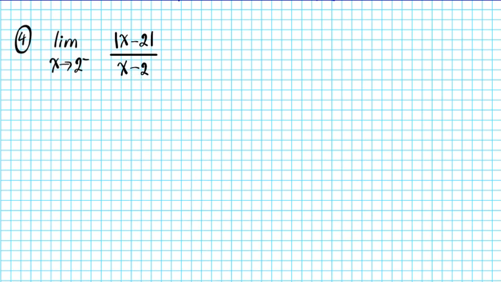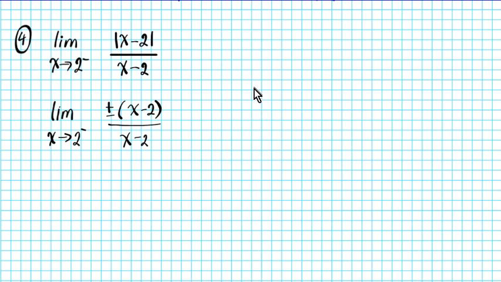So when you find the limits of absolute value functions, what you have to do is replace the absolute value bracket with the expanded form. So this will be the limit as x approaches 2 from the left of plus or minus the quantity x minus 2 divided by x minus 2. This reveals the piecewise defined nature of this absolute value component. You're either going to take positive or negative.